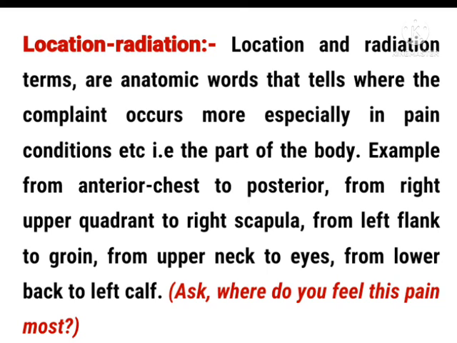You begin to suspect the possibility of ruptured appendicitis, and then diffuse pain, you suspect peritonitis. Everywhere is now painful. So location and radiation also help in describing the symptom.